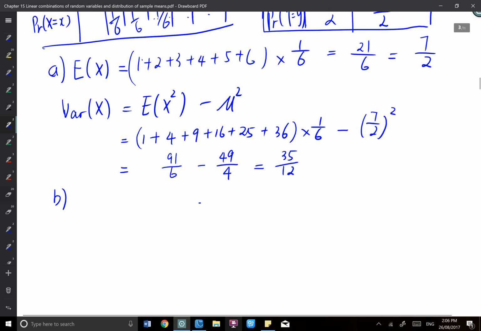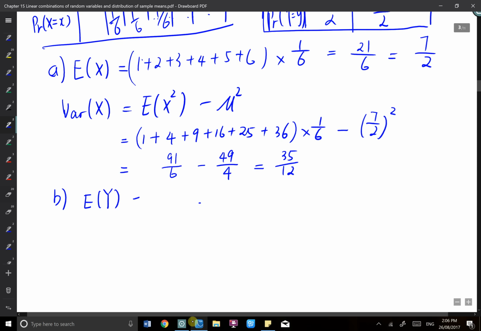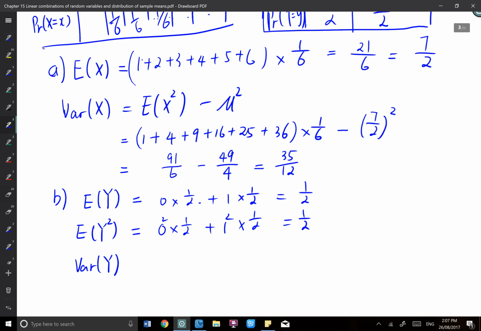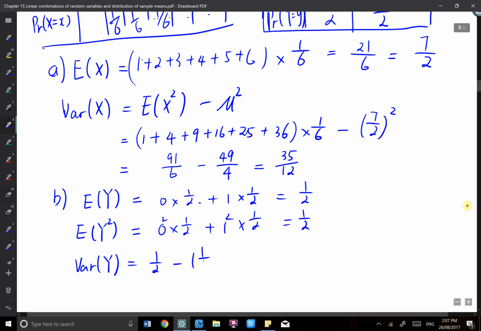Okay, for part B, expected 6y. Let's think about expected y first. Expected y is 0 times half plus 1 times half, that's half. Expected y squared is 0 squared times half plus 1 squared times half, that's half. So the variance of y is half minus half squared, that is a quarter.